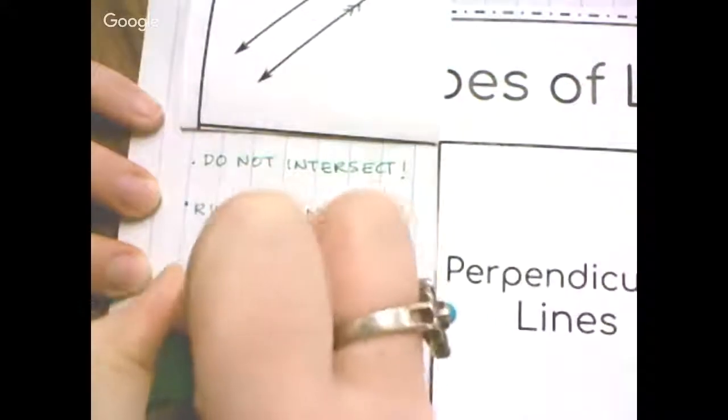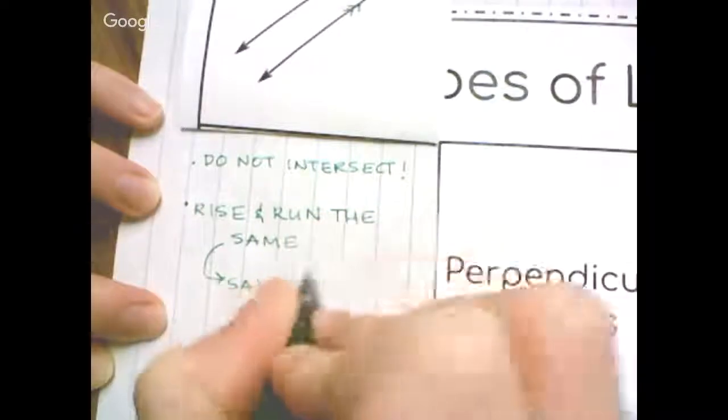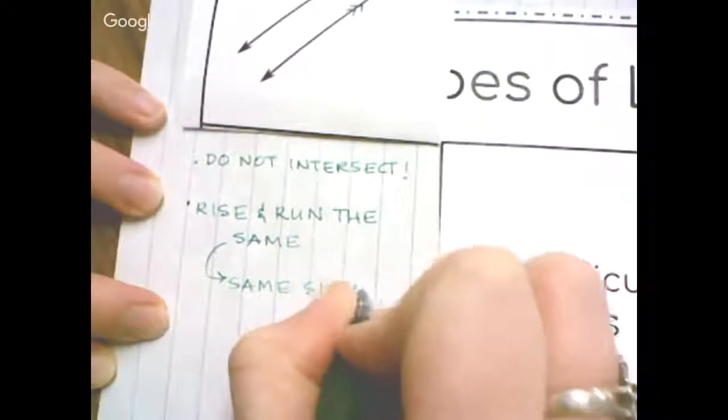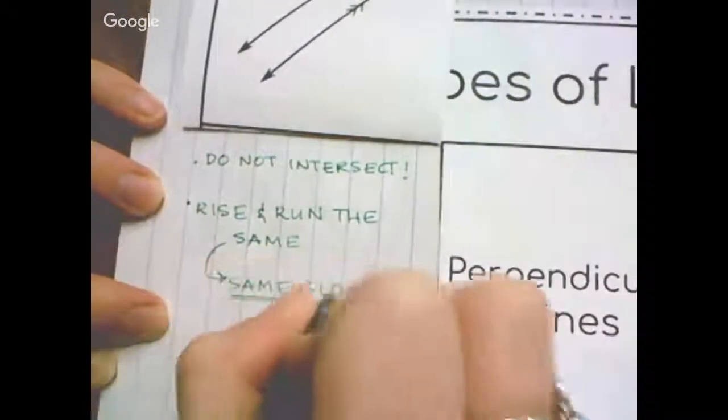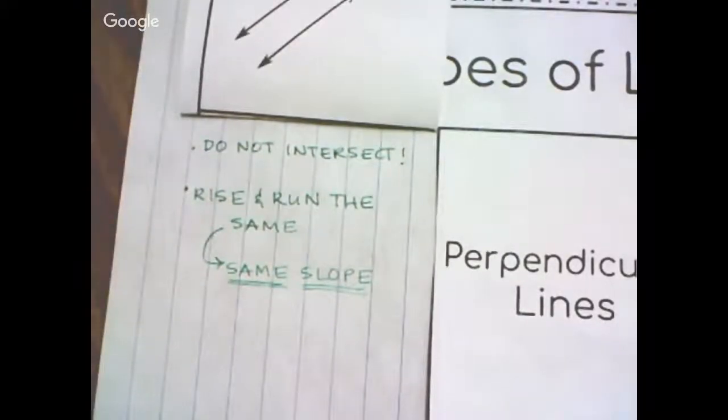And what that means in terms of our equations is this is the same slope. So when I'm looking at equations of lines, if my two lines have the same slope, then I know my two lines are parallel.